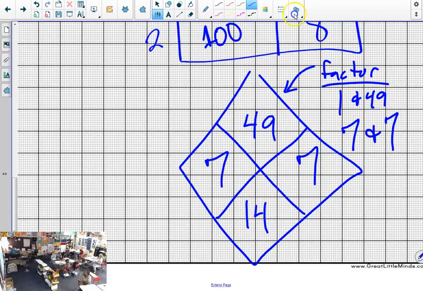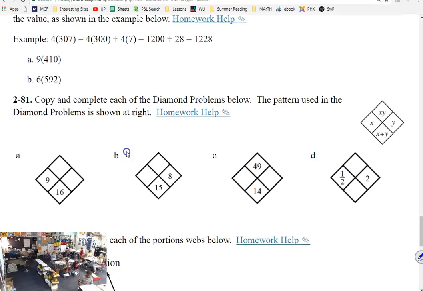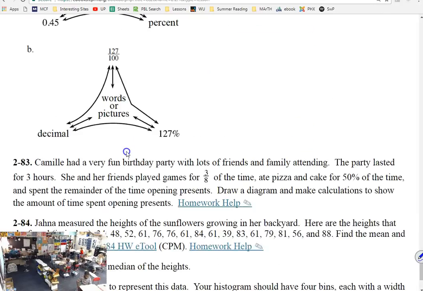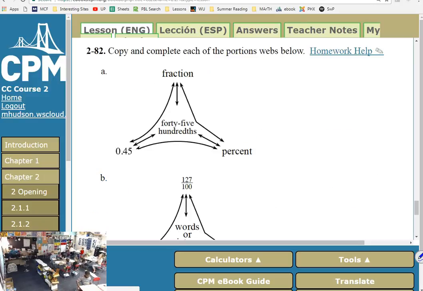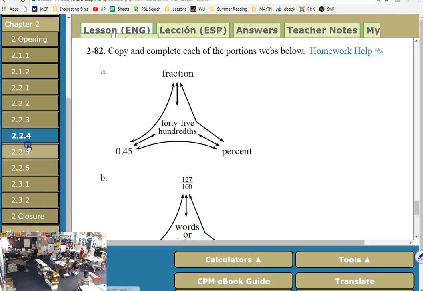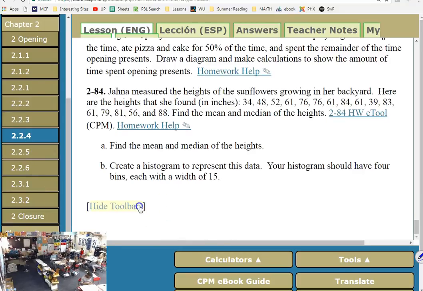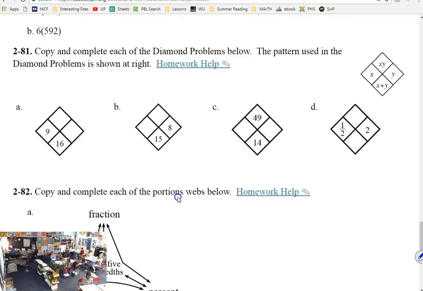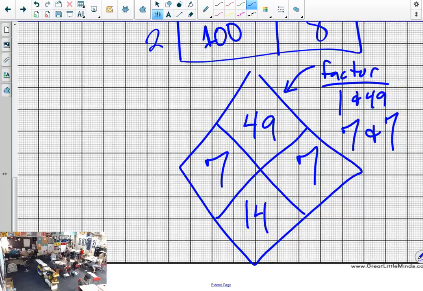Other questions from that homework? Yeah. Sorry. A1B. Ooh, so this is weird because they give you the sum and one piece of it.